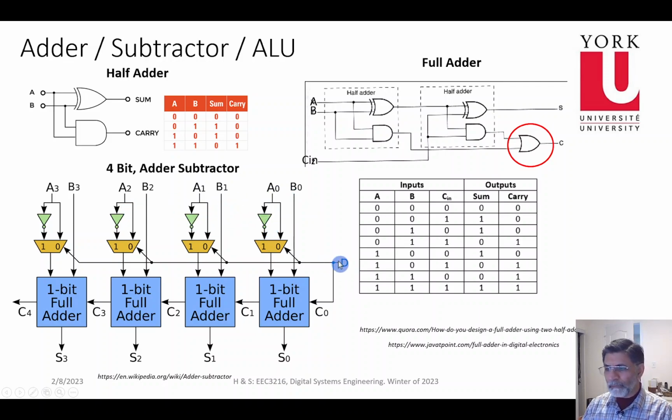But when D is 0, then you would be doing A plus B, because the circuit is for a full adder. If you want to refer more to how this is done, you can go to this link and get more details. But let's look at how this is done in terms of code.